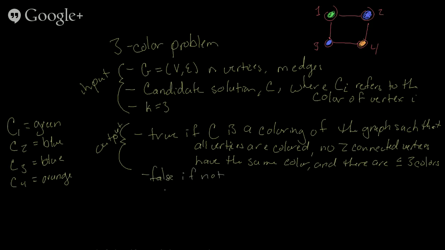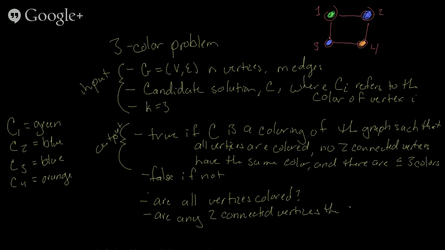So what do you need to check here? Well, it's all up here in your true statement. You need to check: are all vertices colored? Are any 2 connected vertices the same color?